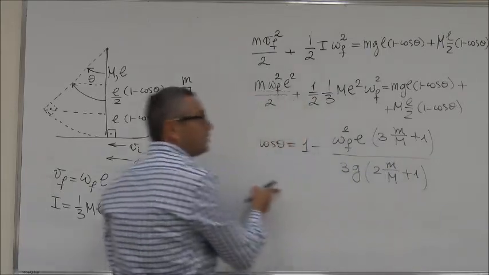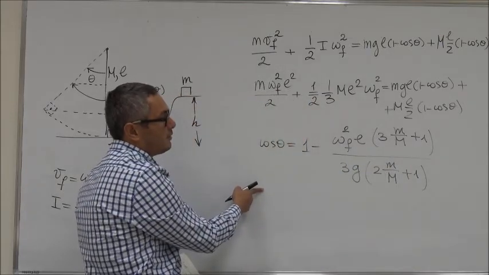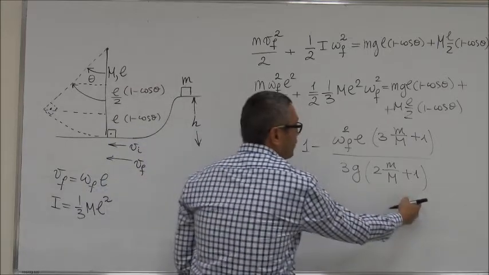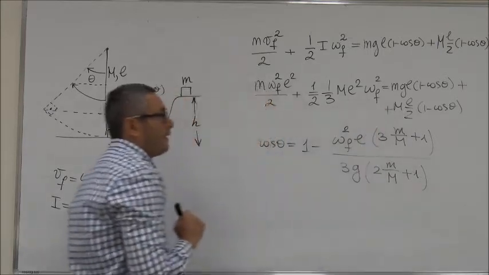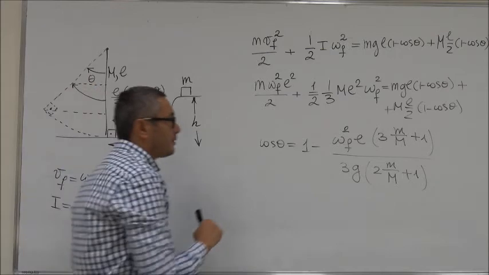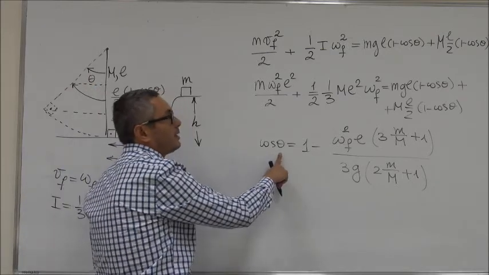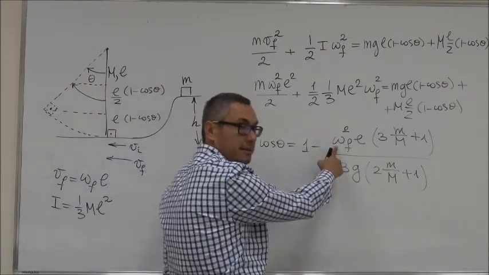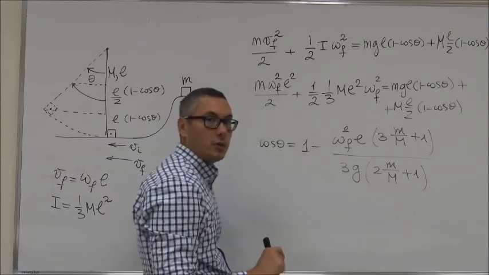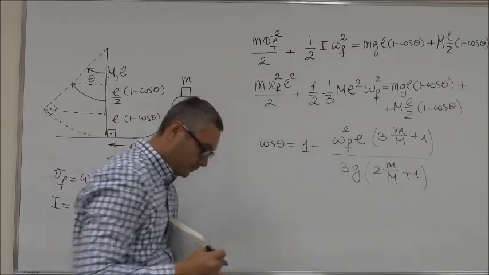Please convince yourself, try to work this out yourself and convince yourself that this is what you get from this equation. So, in principle, you can calculate theta from here, but you don't know omega final. So this omega final is what we need to find now.